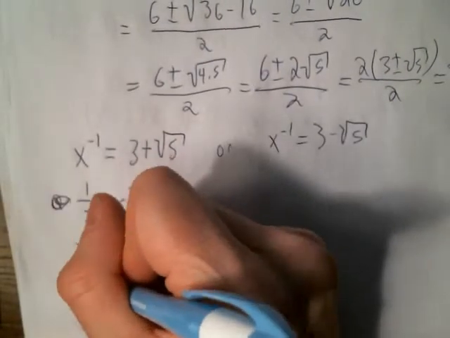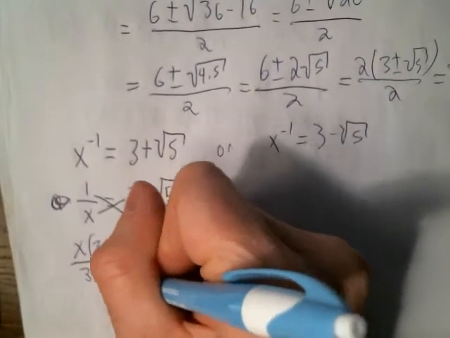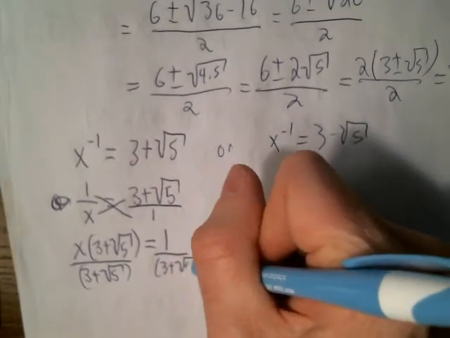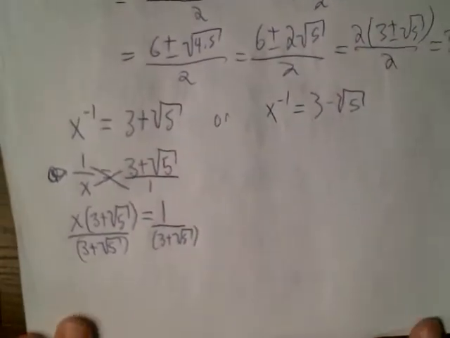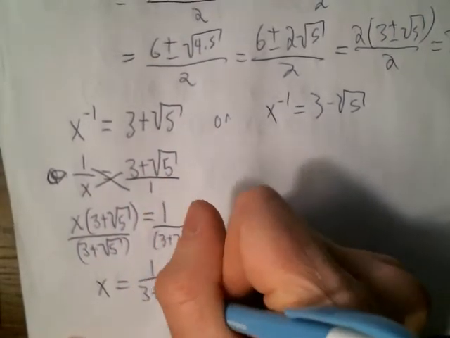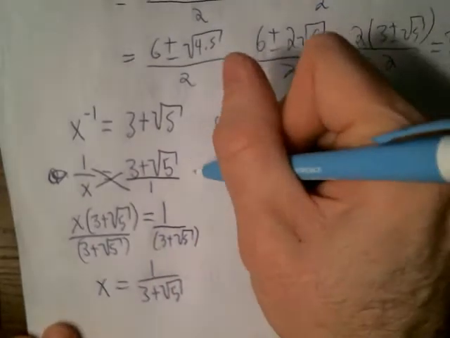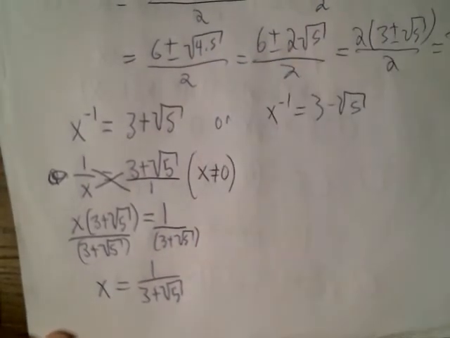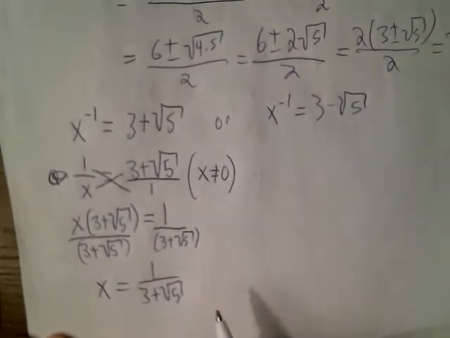I want to divide both sides to isolate x. Okay. And here, x is 1 all over 3 plus root 5. Of course, we have this restriction here. x cannot be 0. This is not 0, so we are good.